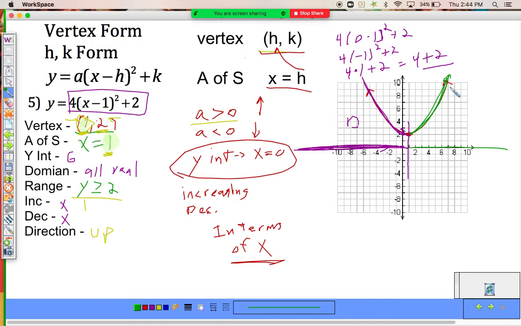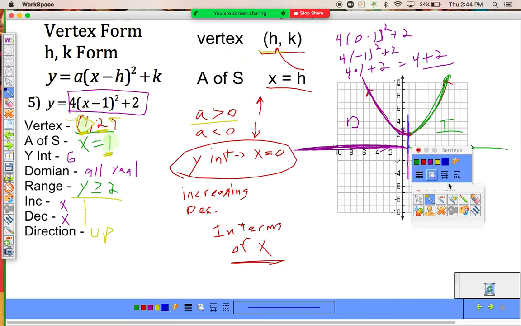Hopefully we realize it's going up. So we're going to say it's increasing. All right, so I've got to decide. Over here, my graph is increasing.